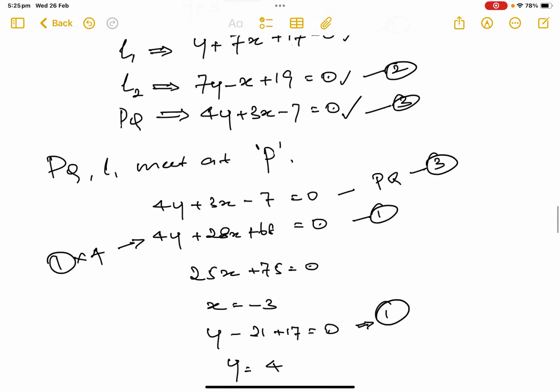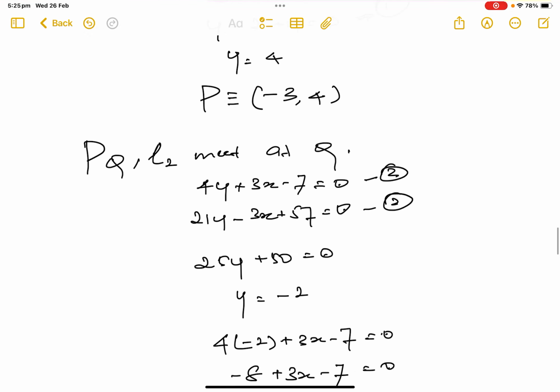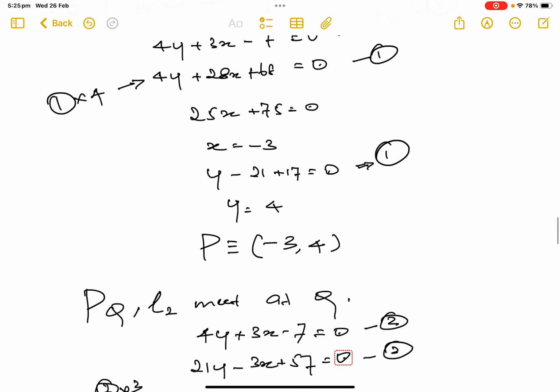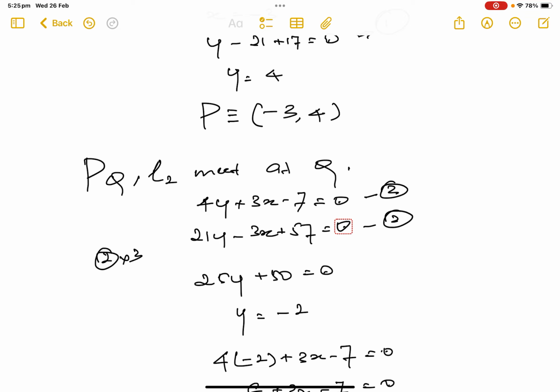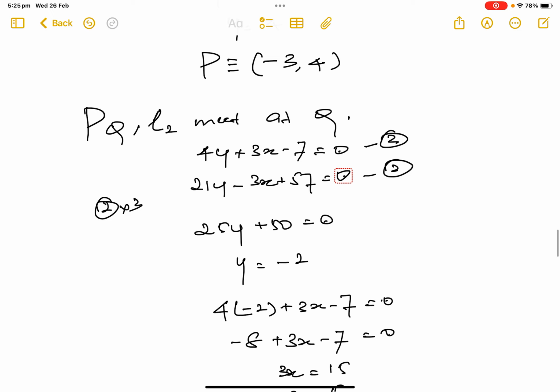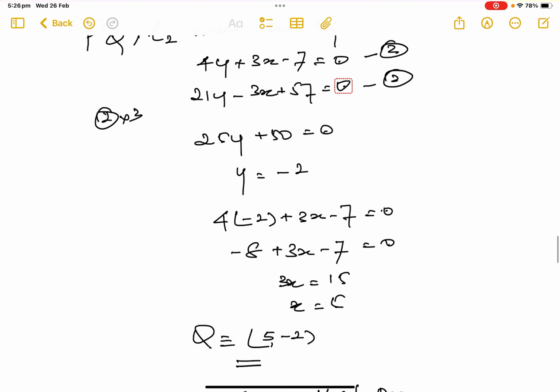Multiply equation 2 by 3. That gives you 7 times 3 is 21, minus x times 3 is minus 3x, plus 57. Then add them together. The x cancels out. So 21 plus 4 is 25y. And 57 minus 7 is 50, and y equals minus 2.